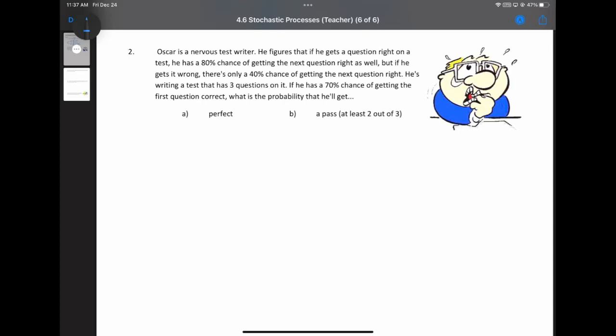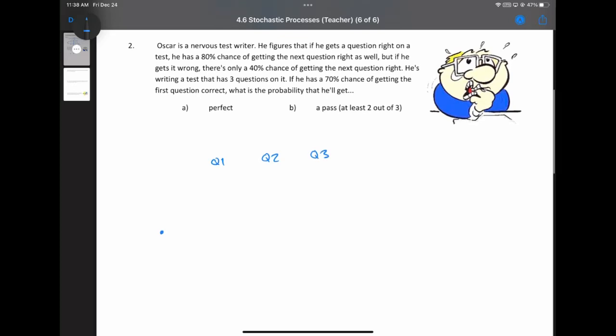Okay, so there's 3 questions in this one. And we're going to use the same diagram, by the way, for both part A and part B. So I'm just going to leave a little bit of space there and say, okay, he's got 3 questions. Question 1, question 2, question 3. So now his first question, he can either get correct or incorrect, or right or wrong.